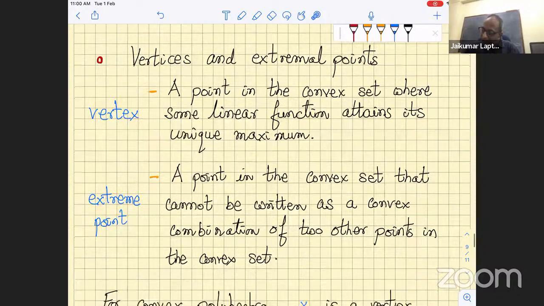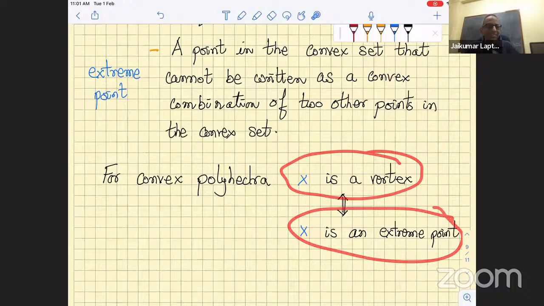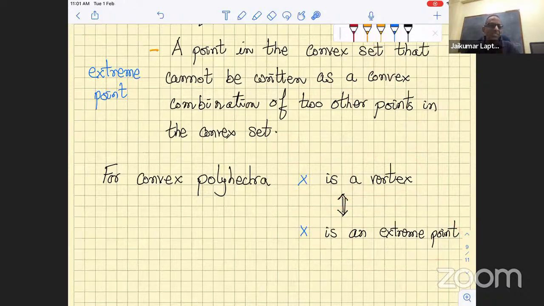Now it turns out that for convex polyhedra, vertex and extreme points are the same. But this is not the case for general convex sets. So I let you think about this.